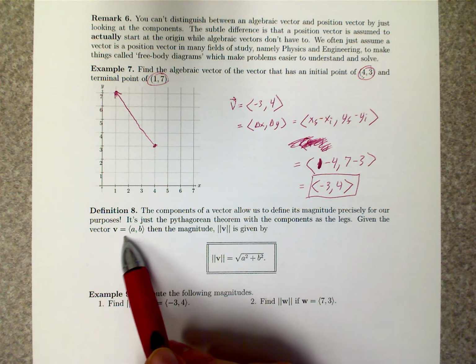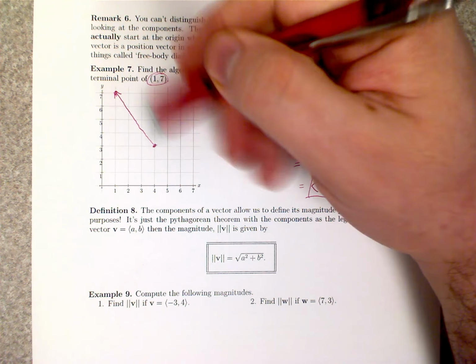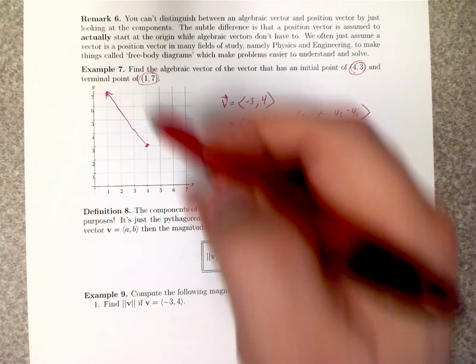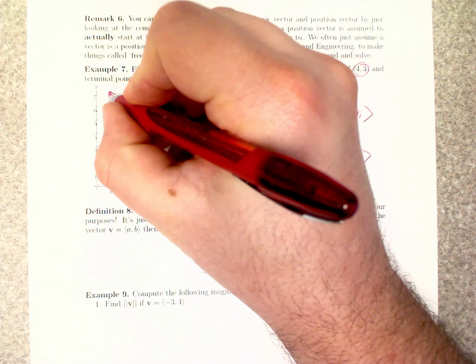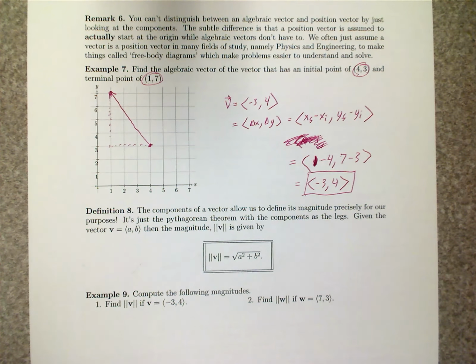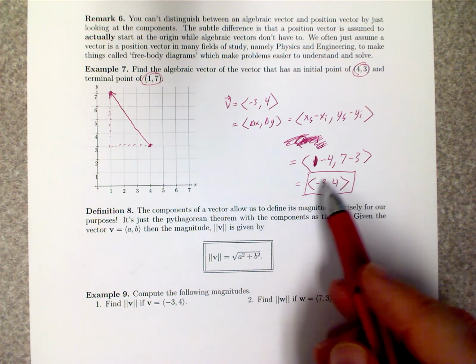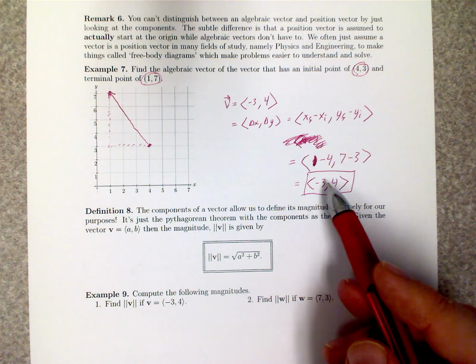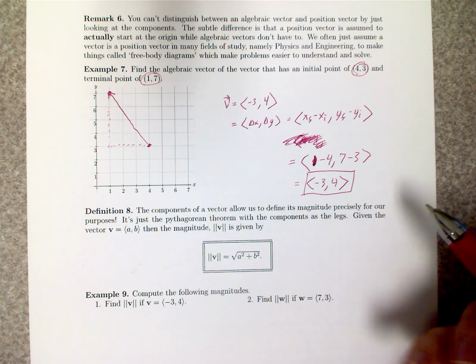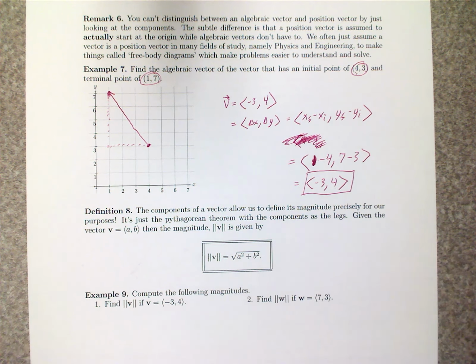If v is defined with a, b, basically how long is this line? Just like we did with the complex numbers, it's just a triangle. So we can talk about the legs, which can go in negative directions, and square them, add them together, and square root. So it's just the Pythagorean theorem.